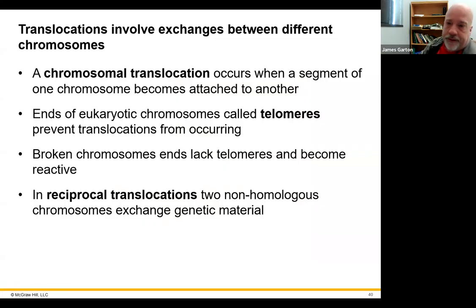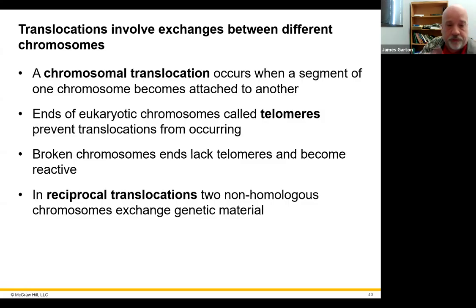Now, again, we have translocation. A piece of one chromosome becomes attached to something else. Sometimes during this translocation you'll lose a telomere, and that tends to cause the chromosome that has lost its telomere to be degraded.